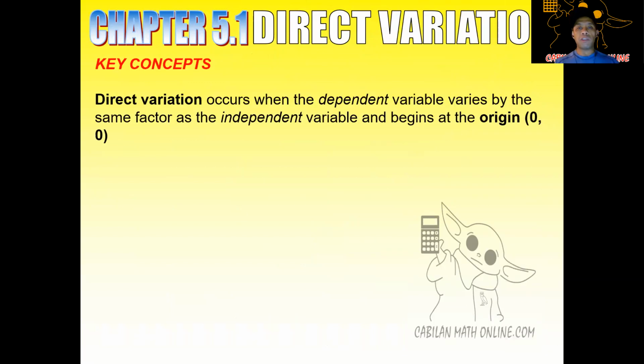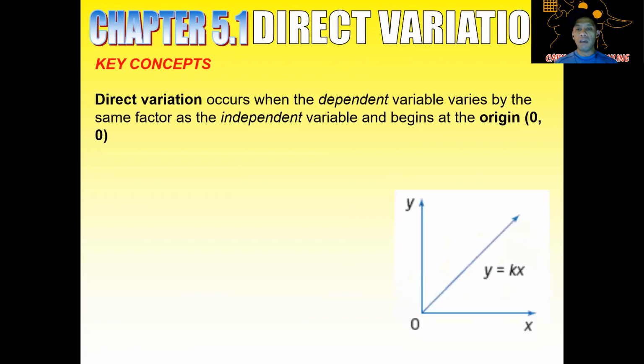So what you need to know about direct variation, and I'm just going to read this step by step here, is that it occurs when the dependent variable varies by the same factor as the independent variable and begins at the origin. What that means is that when you're looking at direct variation, you're looking at a line that starts at the point (0, 0).